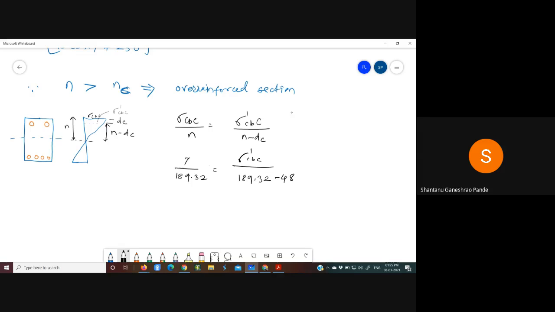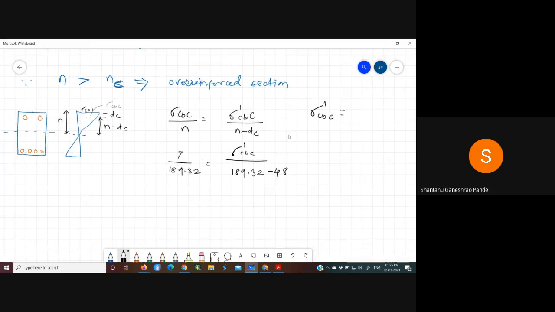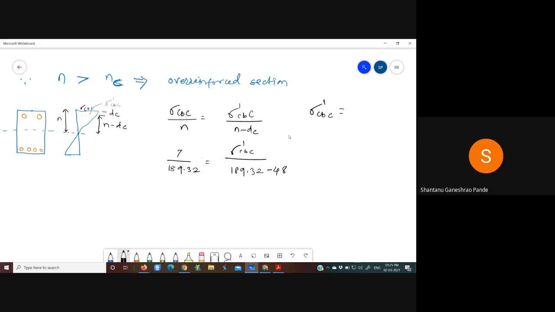Simplify this and let me know the value of sigma dash CBC. 5.22, okay, fine. So 5.22 Newton per mm square is the value of sigma dash CBC.